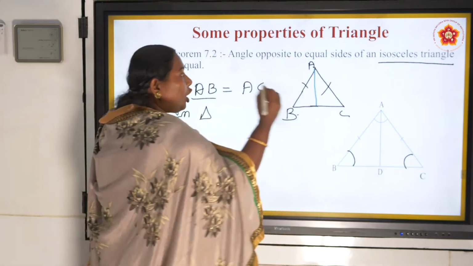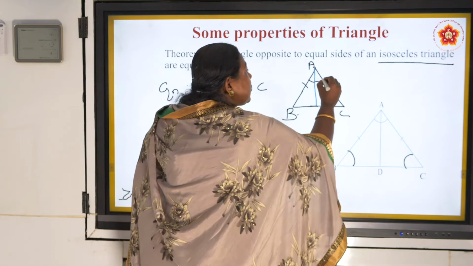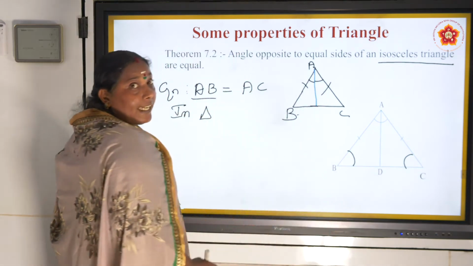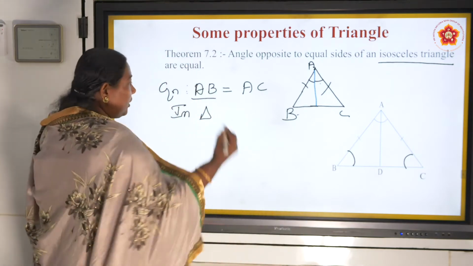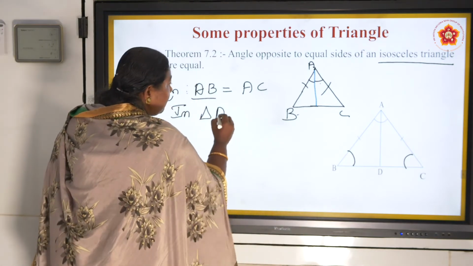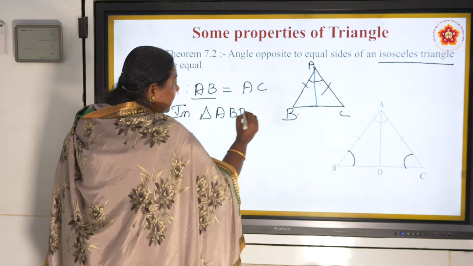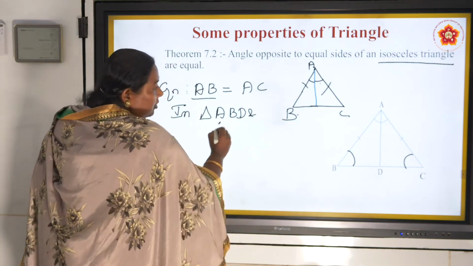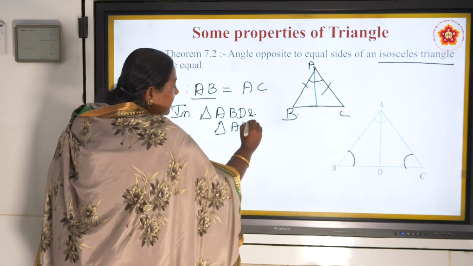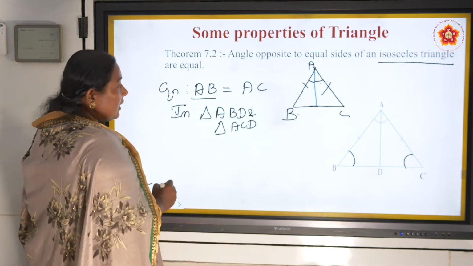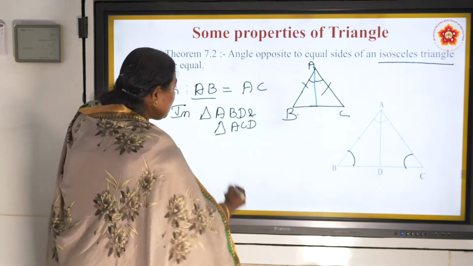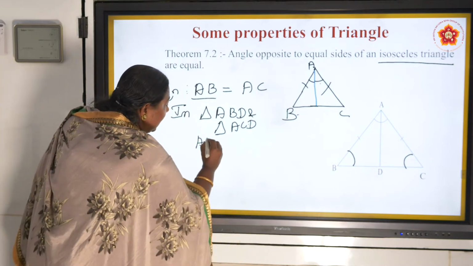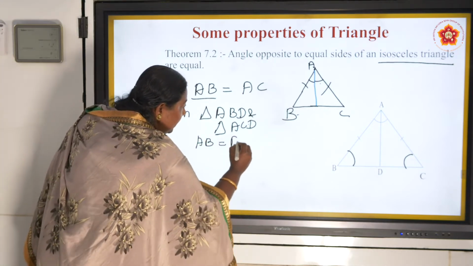I'm going to drop an angle bisector for the angle A. So I have divided the triangle into two triangles, triangle ABD and triangle ACD. In this I already have AB is equal to AC.